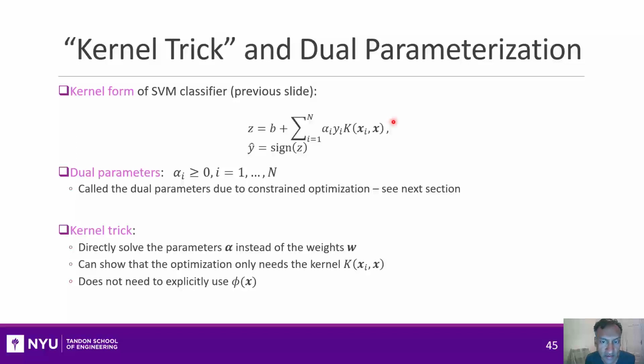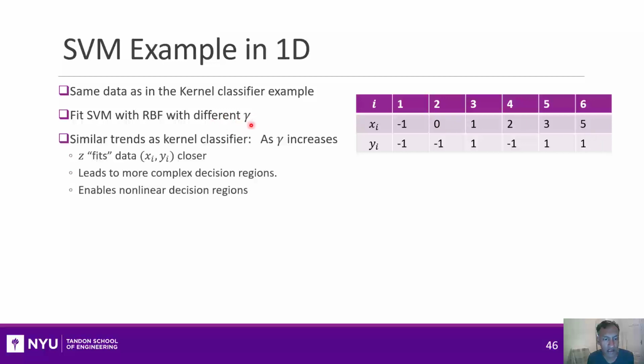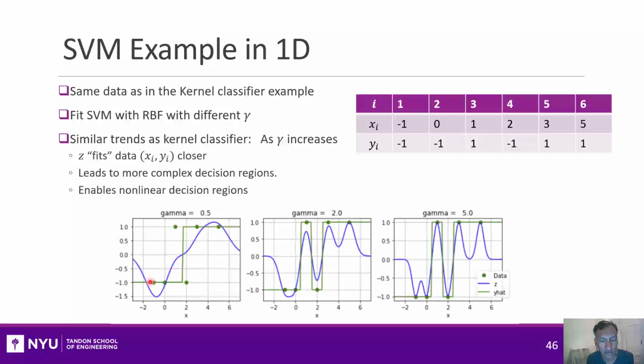All right, now let's take a look at what SVMs will typically look like. So here, again, are our six simple data points as before, and I fit the SVM with different values of gamma. When you do this, you get similar trends to what we saw before.